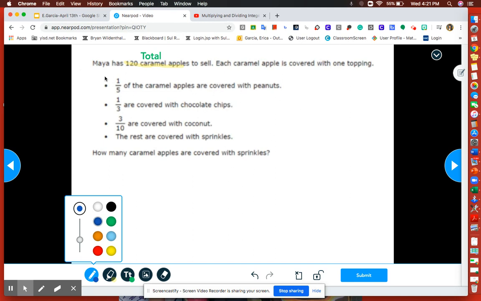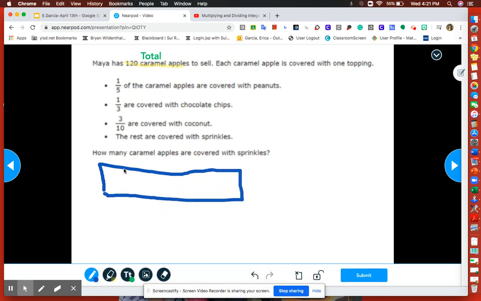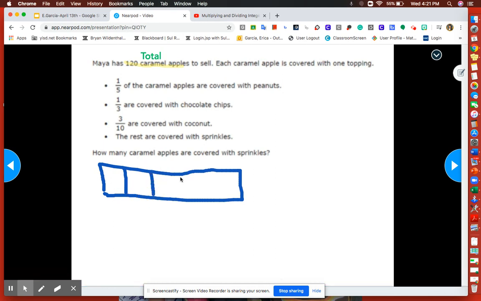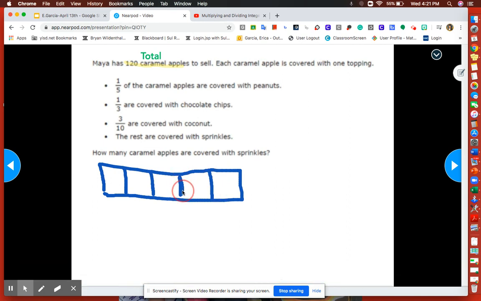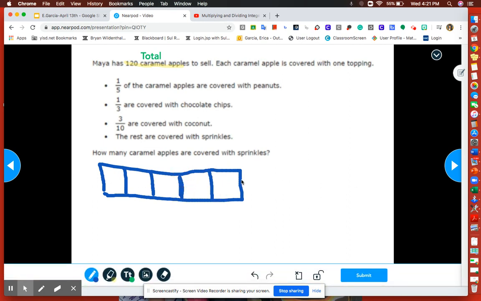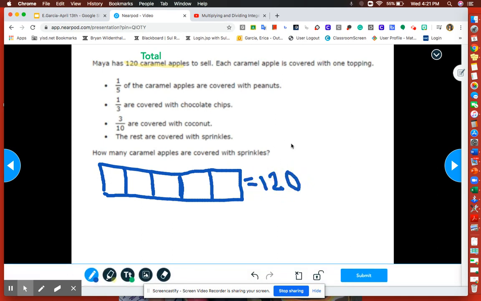So if I'm talking about 1/5, and bear with me, my drawing tool is new to me. So here's 2, 3, 4. These are my 5 sections, and together all of this is equal to the 120 caramel apples.